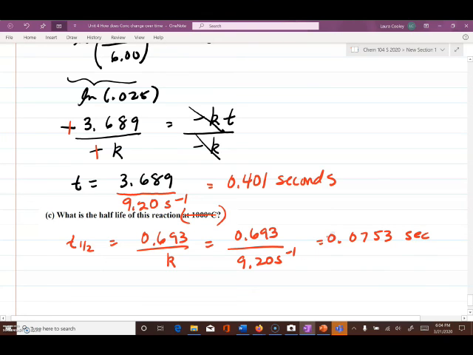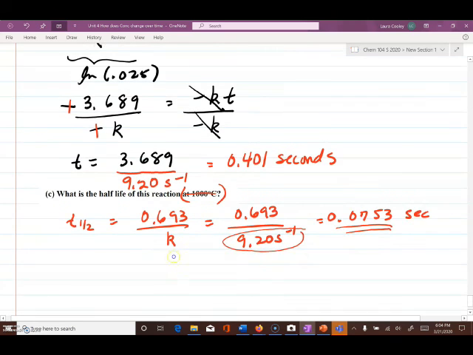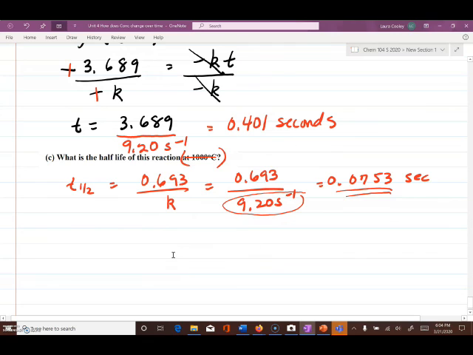Not very fast, not very long at all. So it's got a faster rate constant in this problem than the rate constant we used that was 0.032, and so we have a much shorter half-life.